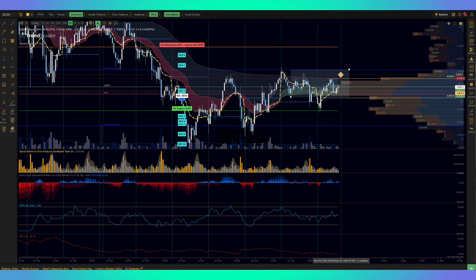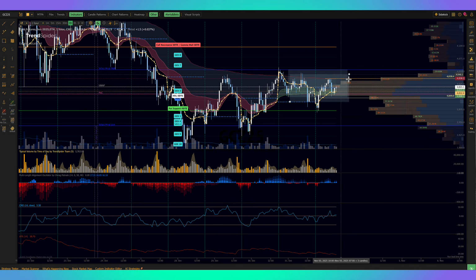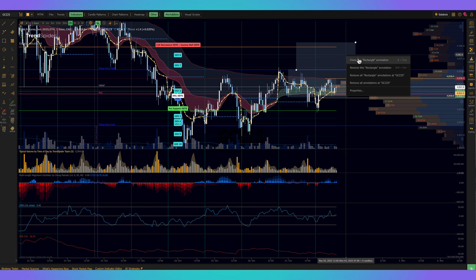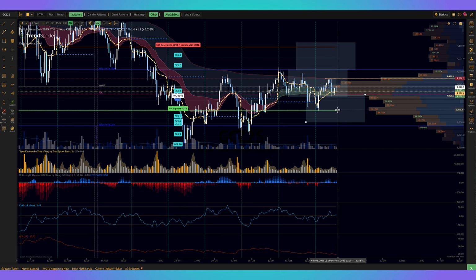Okay, so if I do a clone event for this entire messy range that we've been in, it takes us up to the 0 DTE call wall right at 4,100. If we clone it to the downside, it puts us at value area low.